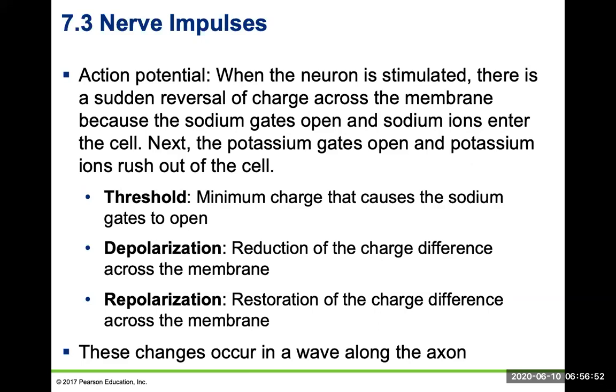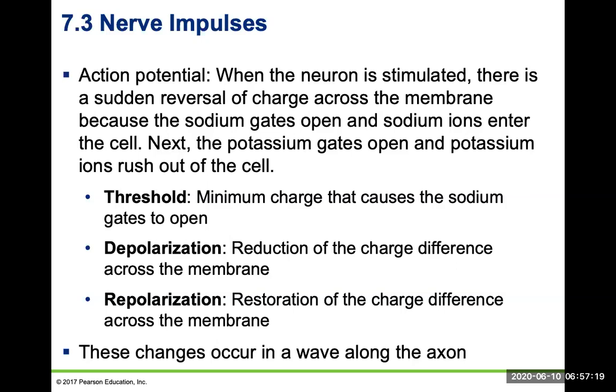An action potential is when a neuron gets stimulated by some sort of stimulus, whether that's pain or light or any sort of stimulus that would give this neuron a shot of electrical activity. There's a sudden reversal of charge across the membrane because sodium gates open and sodium ions enter the cell. After that, potassium gates will open and potassium ions will rush out of the cell.